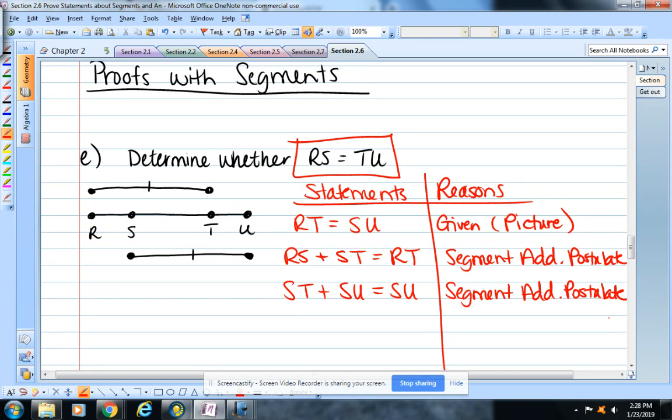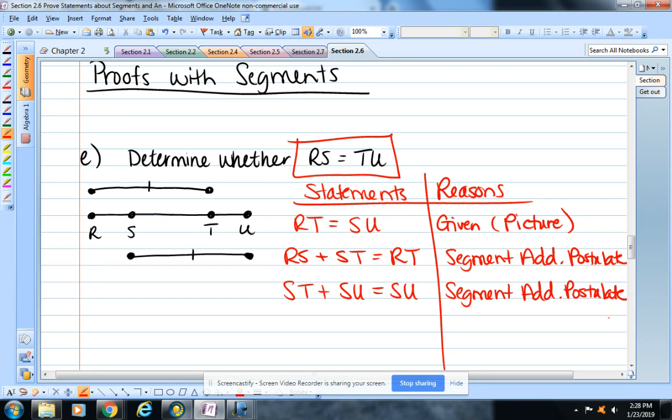Okay? Now, what? So, they gave me that these two are congruent, right? So, can't I substitute then? If these two are equal, then can't I replace this right here? Did I do something wrong? How is SU equal to SU plus something?